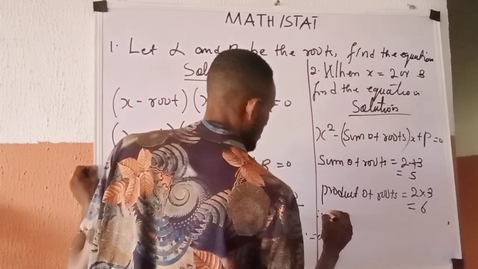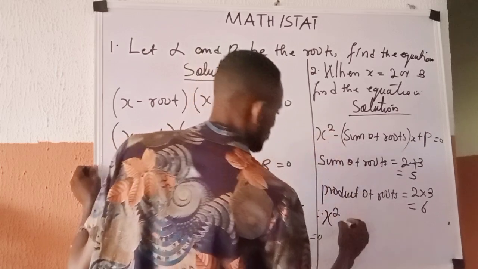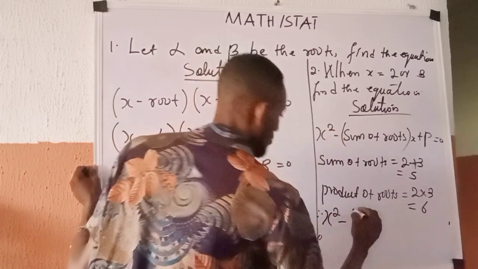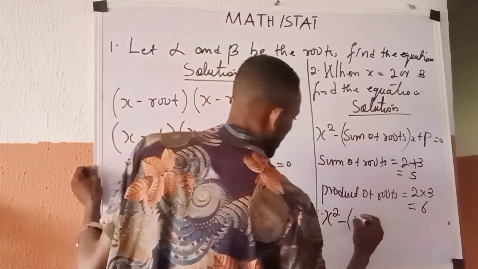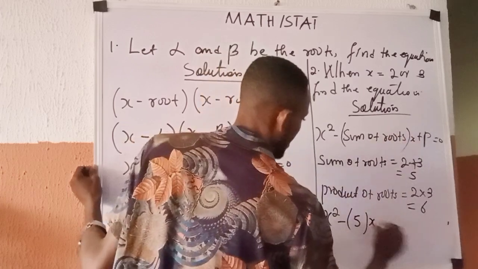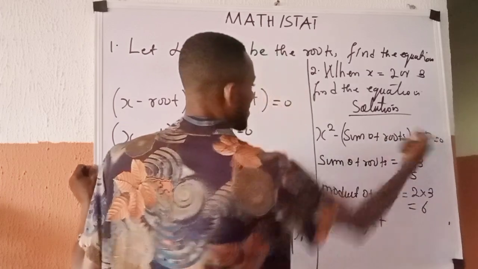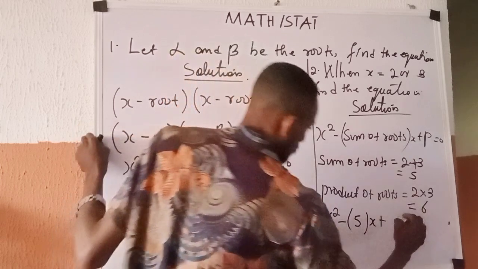Therefore, I have x raised to power 2. The sign here is minus. You open a bracket. The sum of the roots is now 5, so you write 5 and close the bracket. What you have outside is x plus P, where P stands for product of the roots, and the product of the roots is already given as 6.